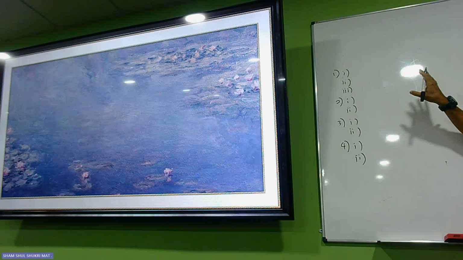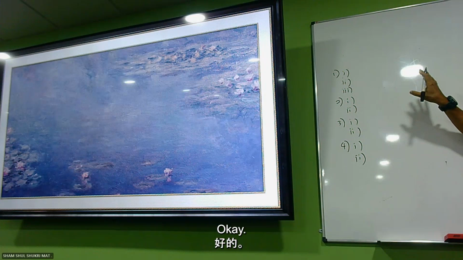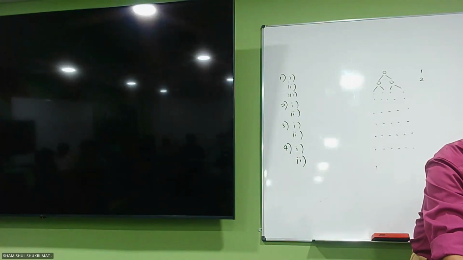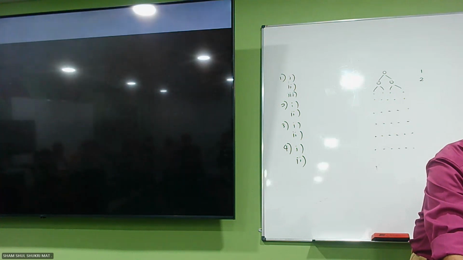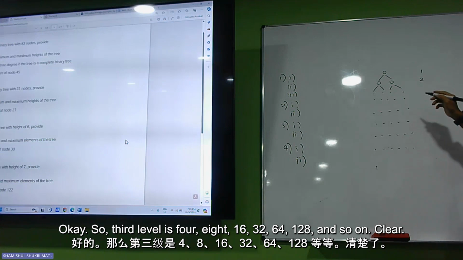Clear? So the number of items in the first level is 1, second level is 2. Third level is 4, 8, 16, 32, 64, 128, and so on.